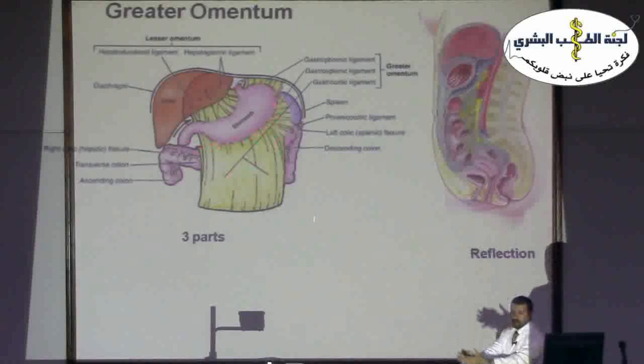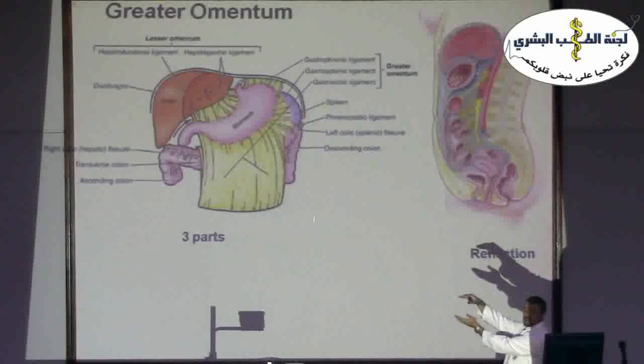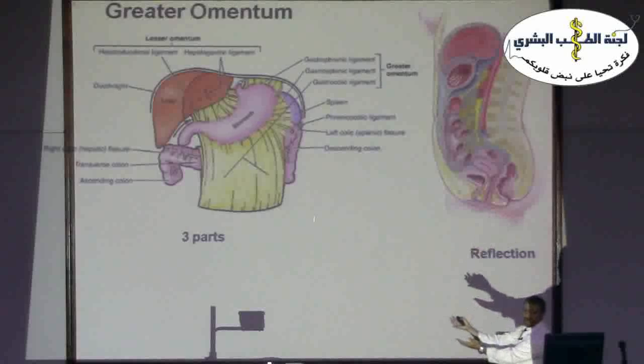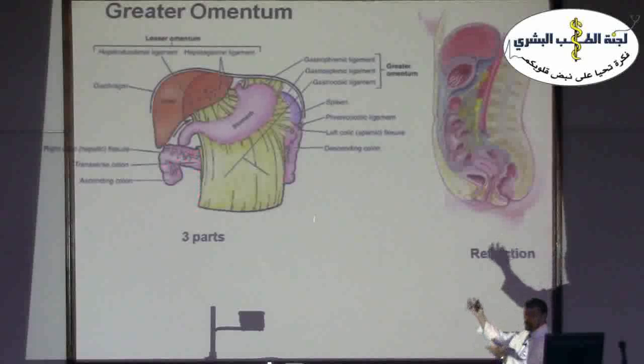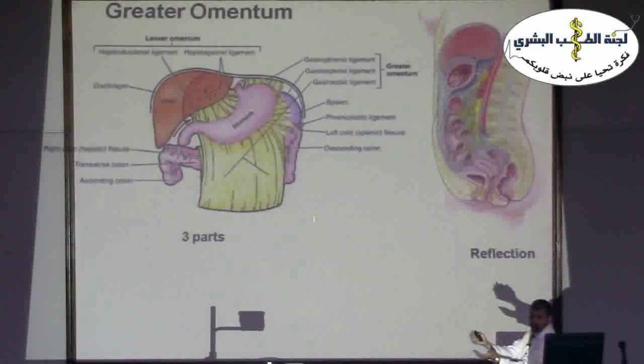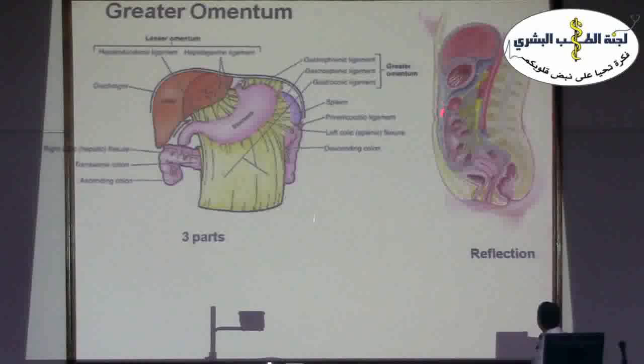It will go down like an apron, and reflects back again towards the transverse colon. Then it will cover the transverse colon. So this will be called the gastrocolic part, as you see here. This is the transverse colon. It descends, reflects back towards the transverse colon, then it will reflect to cover the transverse colon. It will become the mesocolon. So this is it, back again to cover the transverse colon.